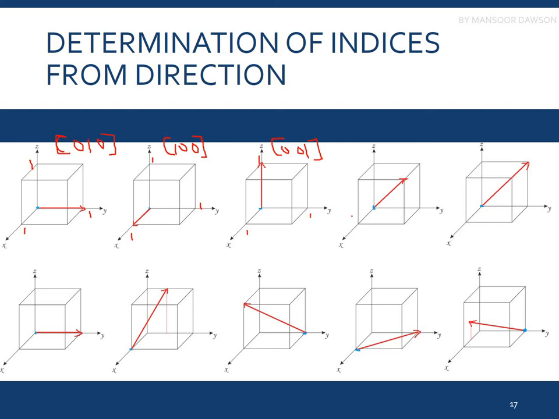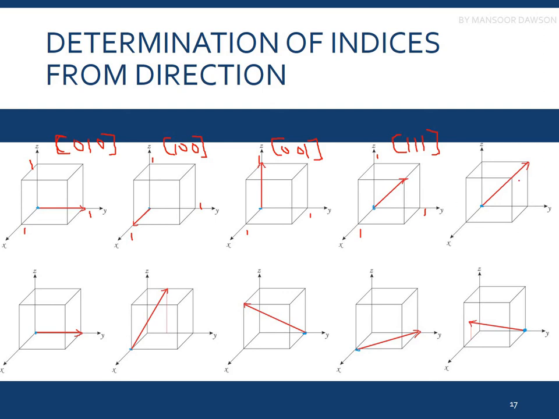In this, you can see that this is the origin. First, it is moving in the y direction, 1. Then it is moving in the x direction, 1, and towards that it is also moving upwards. So this direction would be 1, 1, and 1.